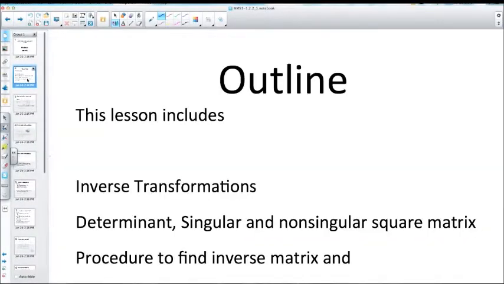Particularly, we're going to look at a few concepts besides the inverse transformation and the inverse matrix: the determinant and the procedure to find the inverse matrix.